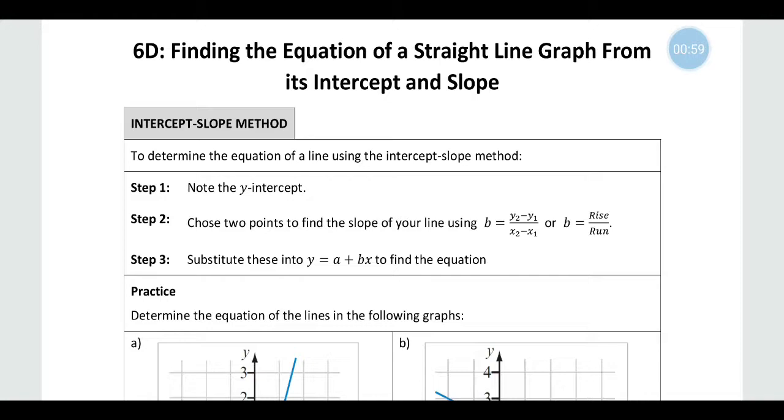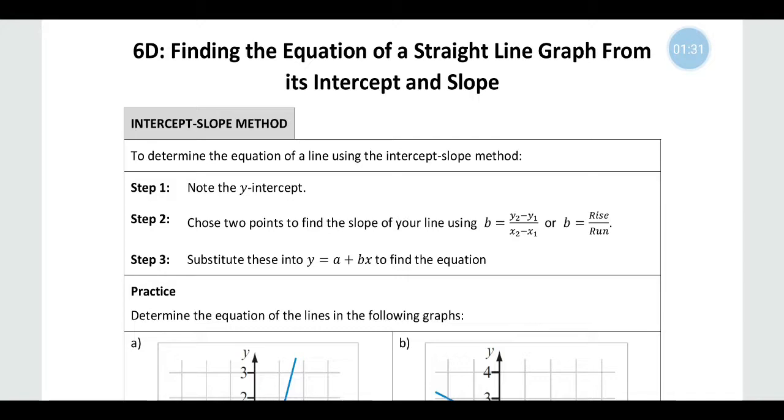Or if your graph intersects the y-axis at a sort of random spot, let's say somewhere between y equals 2 and y equals 3, and you can't know for sure whether it's y equals 2.3, 2.31, 2.32, you just don't know, okay? So we're looking at the situation where it's very clear that the graph intersects the y-axis at a very specific point.